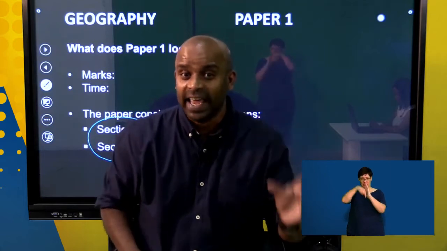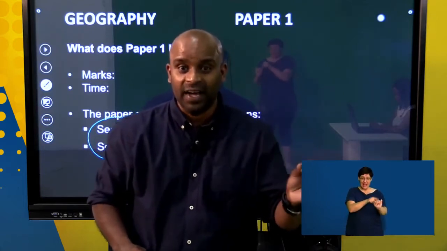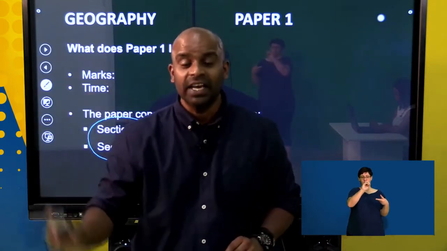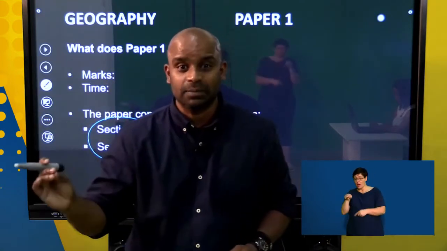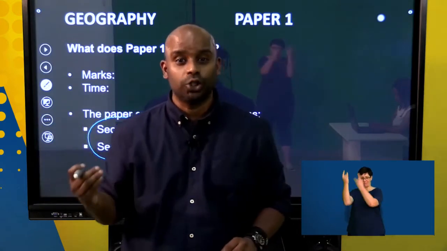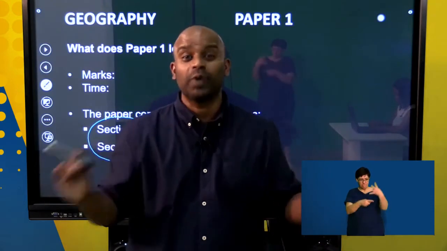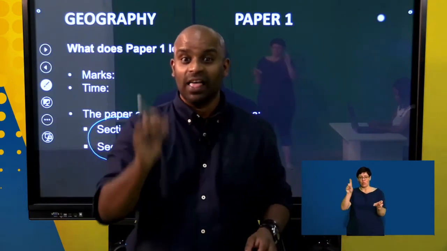Your section A is climate and weather as well as geomorphology. Your section B is rural and urban settlements as well as economic geography. All spread across 4 questions, of which you must answer 3.